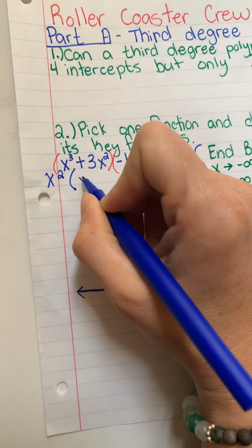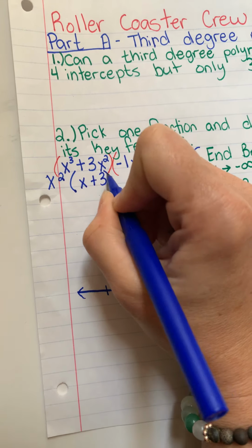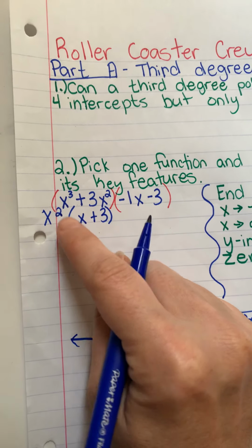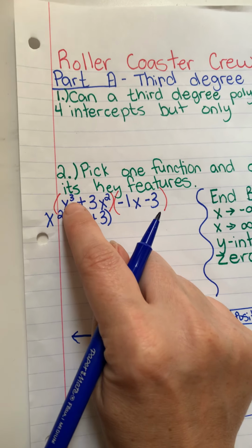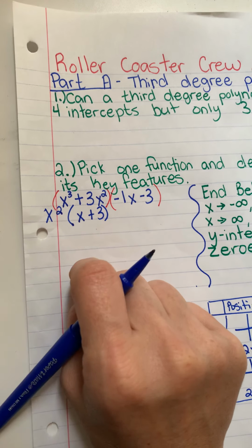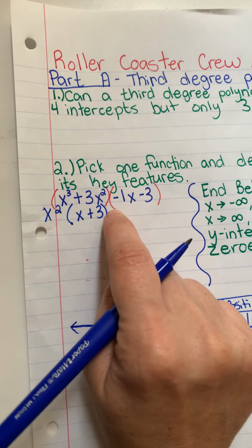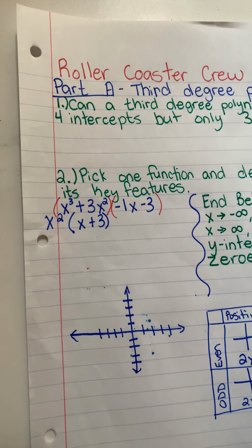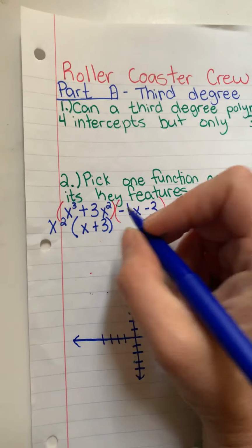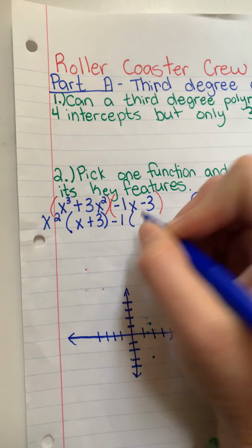And that leaves x plus 3 in the parentheses. And remember, I like to go back and multiply these again and make sure that it equals what it shows here. X squared times x is x to the third. X squared times 3 is 3x squared. So that looks right. Now, I want to get the negative 1 out of here.